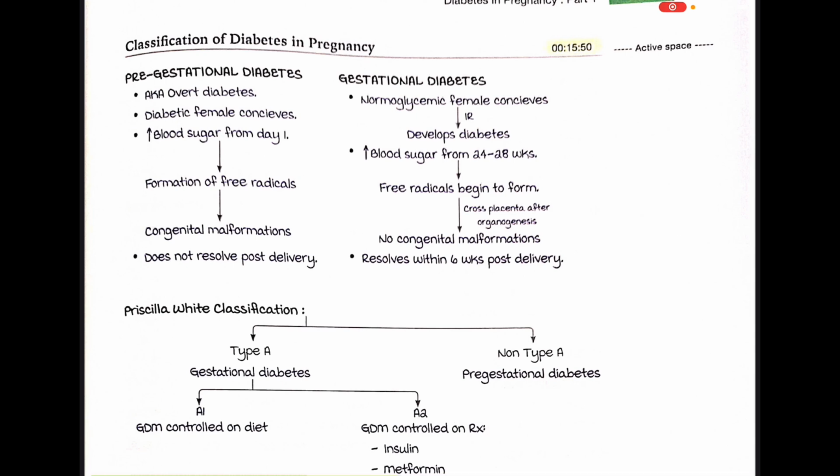Gestational diabetes: a normoglycemic female conceives, develops insulin resistance, develops diabetes, increased blood sugar from 24 to 28 weeks, free radicals begin to form, cross placenta after organogenesis, no congenital malformations, resolves within 6 weeks post-delivery.